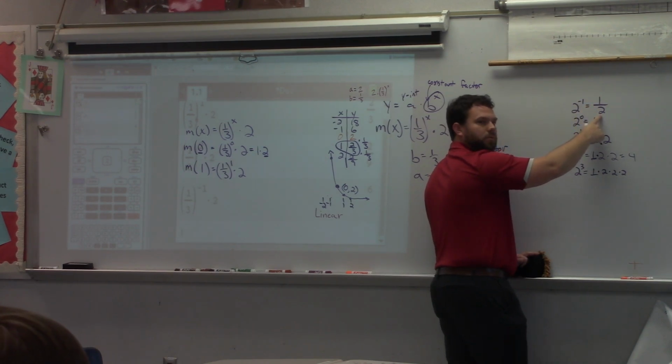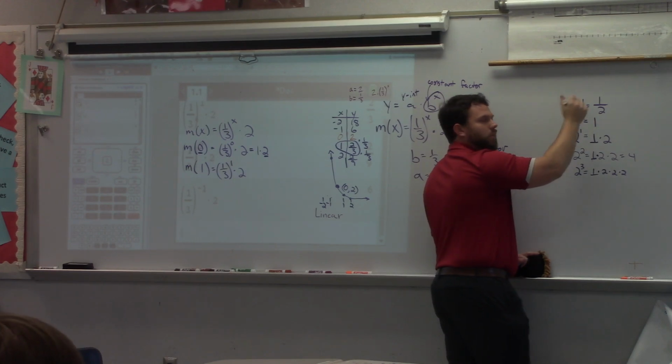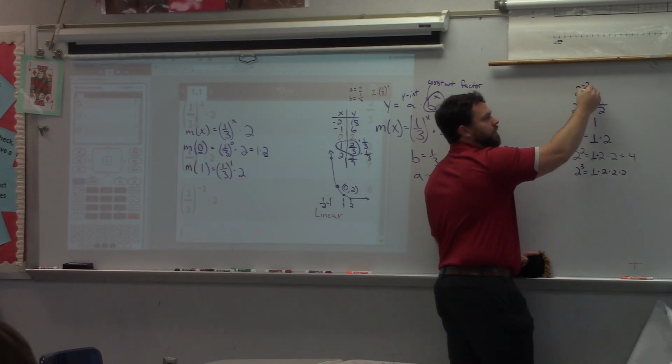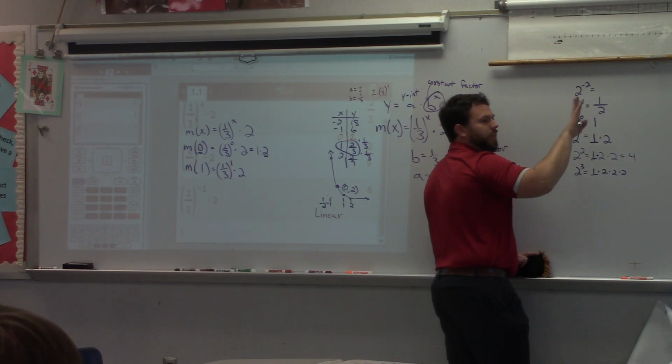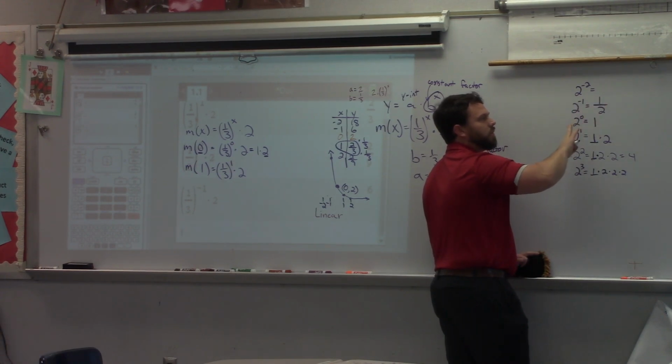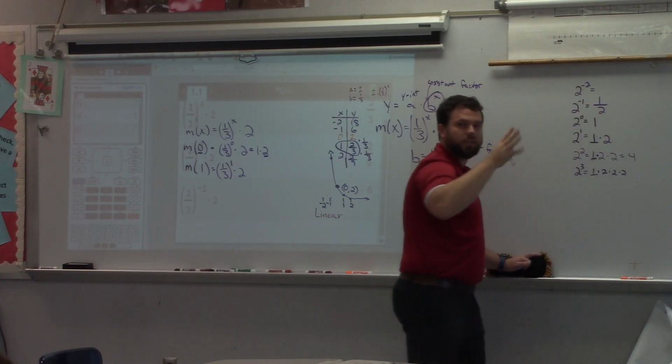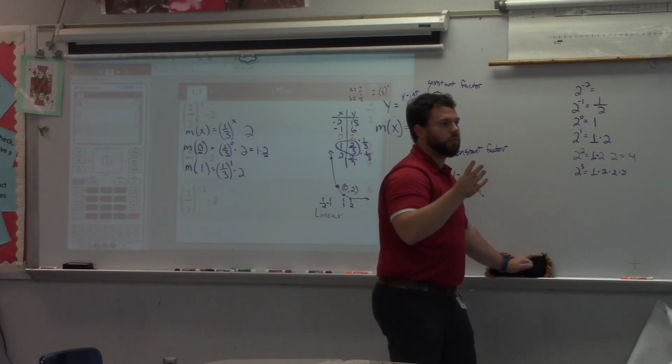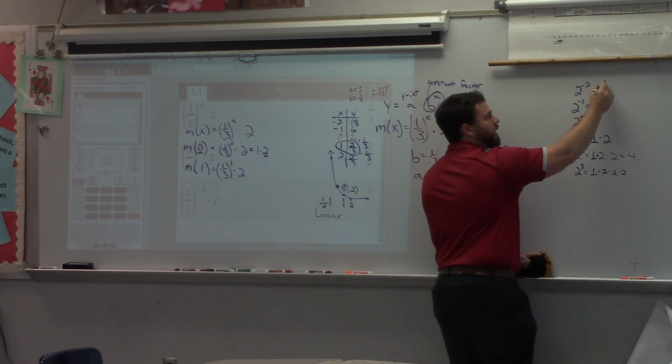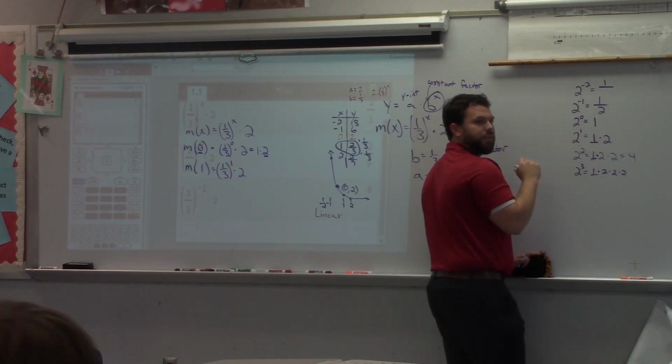How many 2s? 1. So if I do 2 to the negative 2, don't type it into a calculator. Let's think about it. 2 to the negative 2, what's that going to start with? 1. And then what am I doing to that 1? Dividing by how many 2s?